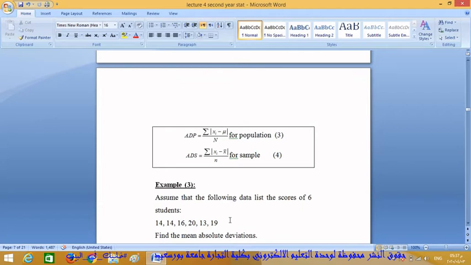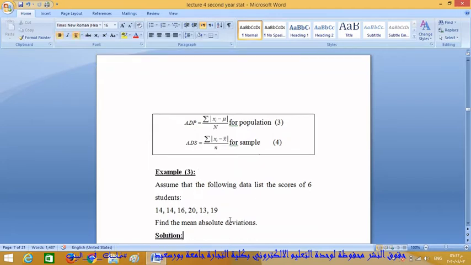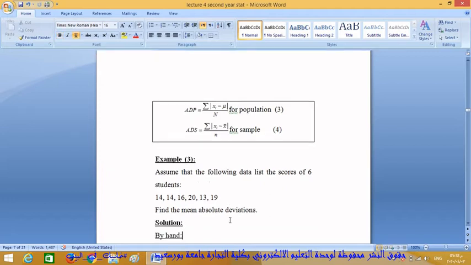Example 3. Assume that the following data list the scores of 6 students: 14, 14, 16, 20, 13, and 19. Find the mean absolute deviation. To get it, we first compute the arithmetic mean, then compute the difference between every observation and the mean of the data set using the absolute value, not the value itself.